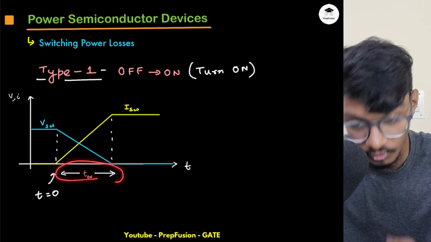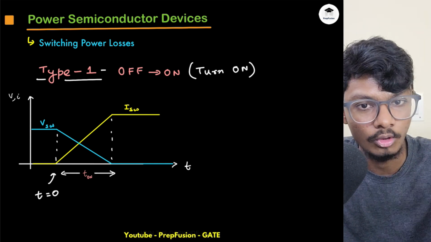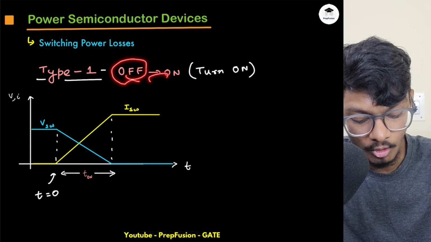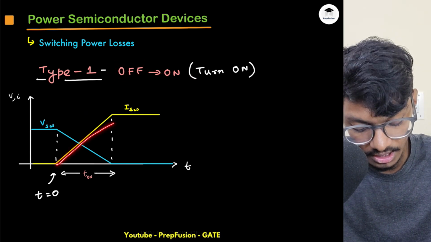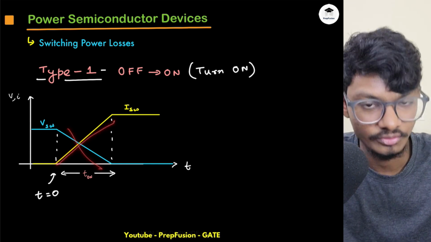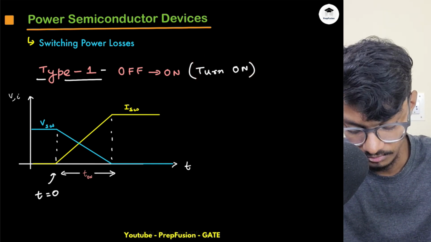How do you understand whether it is going from off to on or on to off? In this case, it is going from off to on. You understand that it is turning on because current is increasing and voltage is decreasing. So when the voltage decreases and current increases, it will be off to on.